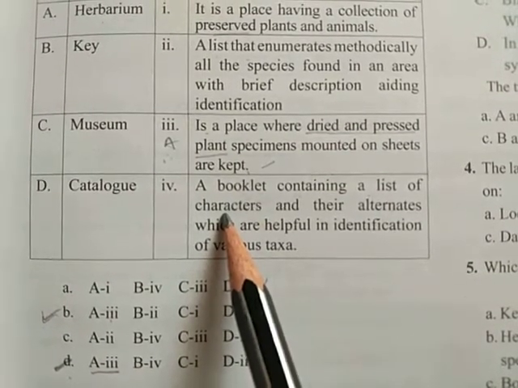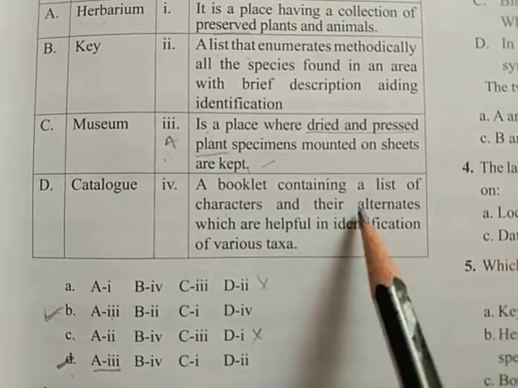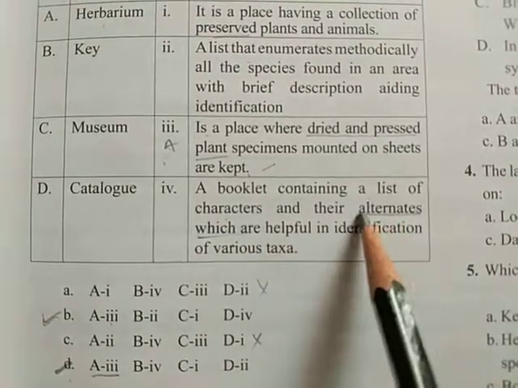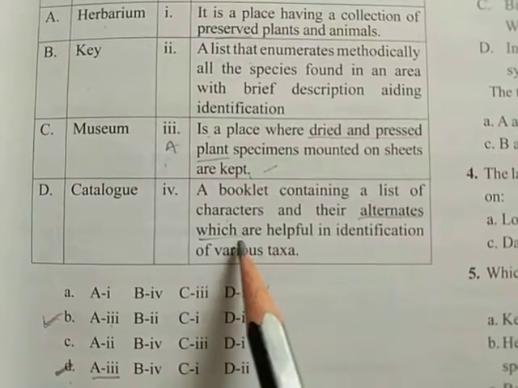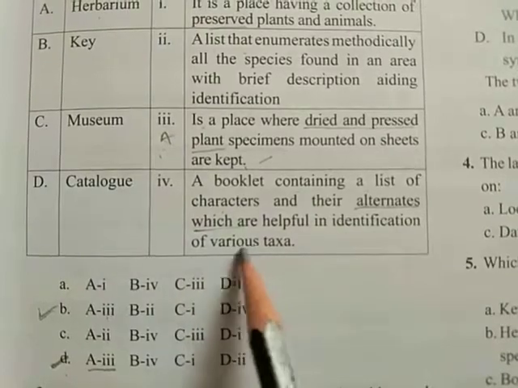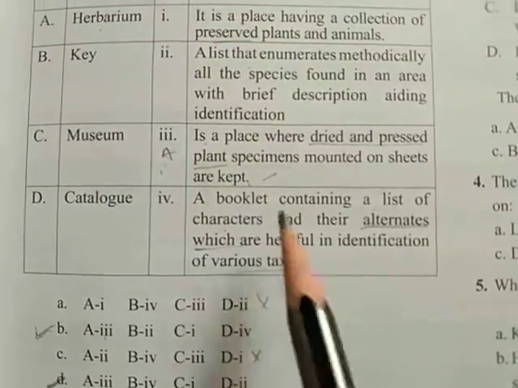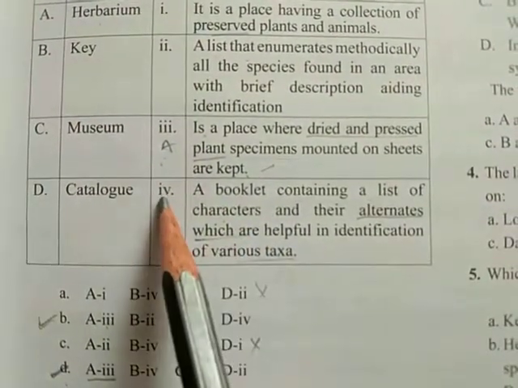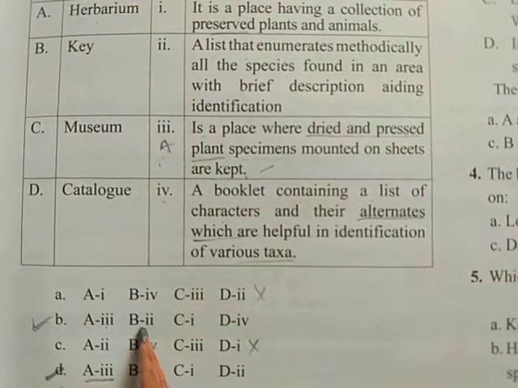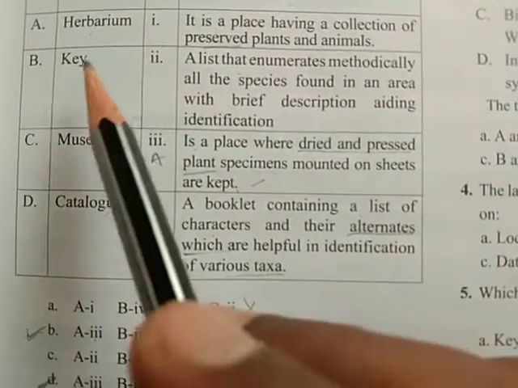Alternates means contrasting characters we can consider here. So this is definitely a key. B4. So where is B4? Here B2 is there, so you can check once.